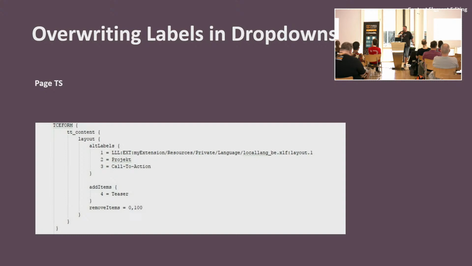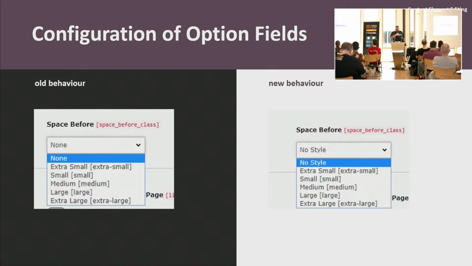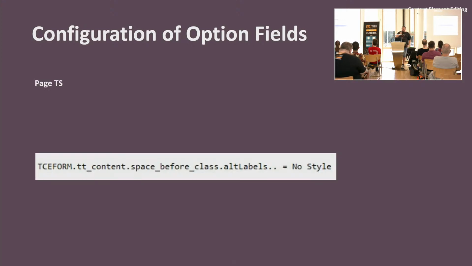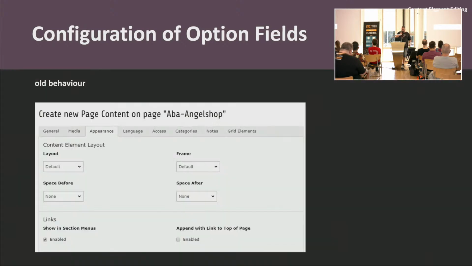Or you want to remove items too. Here a little bit funny: when I started this presentation, this was not documented, but now it is documented. You can override the none option with two dots. When you want it, it's a little bit funny.